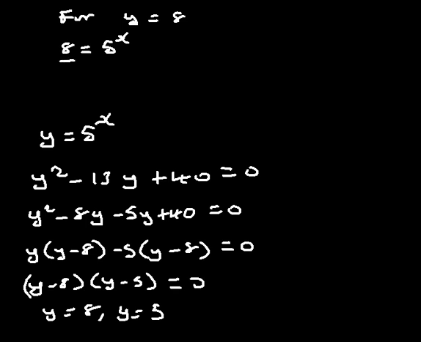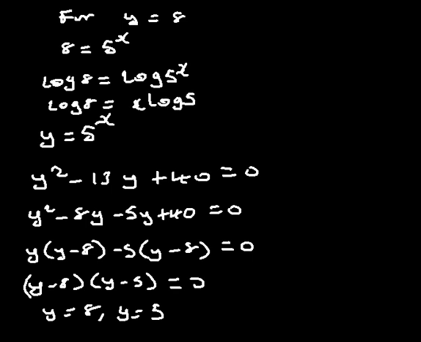As you can see, the bases can't be expressed as the same, hence we're going to use the log as well. So we introduce log on both sides, log 8 equals log 5 to the power x, so we have log 8 equal to x log 5.